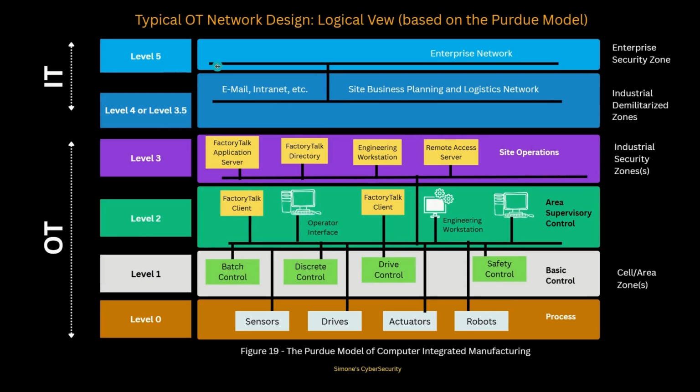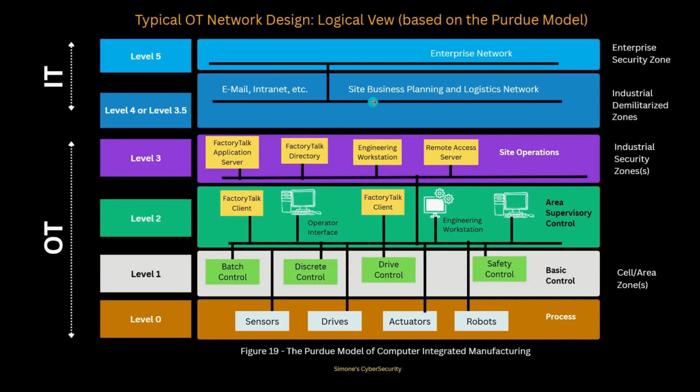So starting at the top, you have the enterprise zone. This is your IT environment. This includes the enterprise network, where you will typically have corporate systems like email, intranet, or business applications. And then below that, you will have level 4, that is your business planning and logistics network.